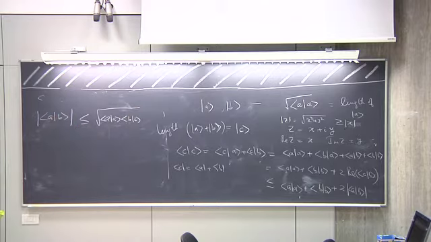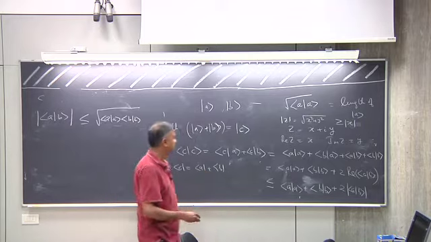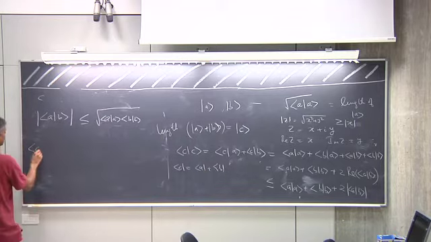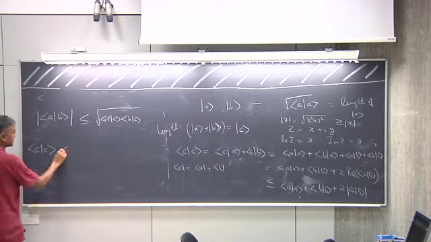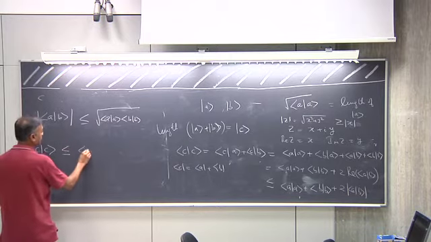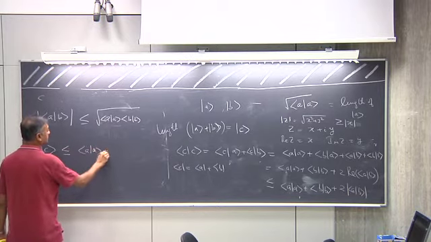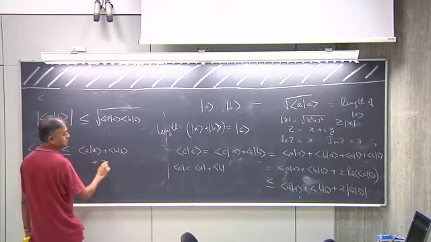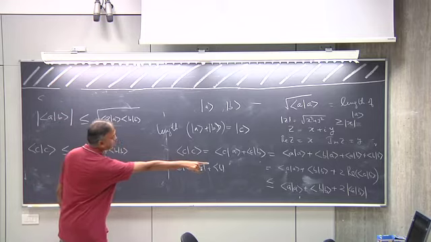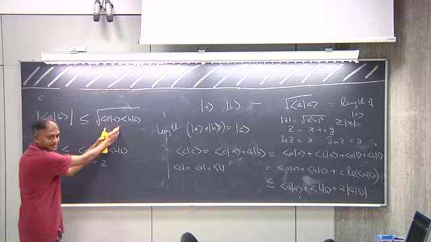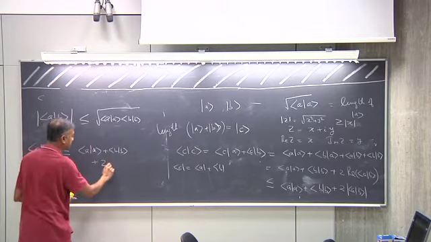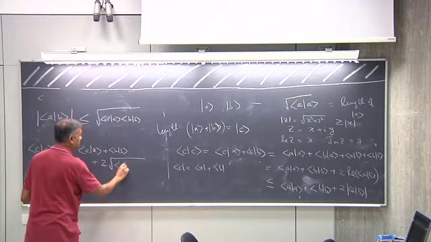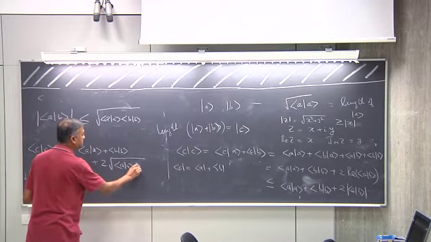I just use this here. So from this we find that CC is less than or equal to AA plus BB plus 2 times the absolute value of AB, but that is less than or equal to that, so I just substitute this here. So you get here AA times BB under the square root.